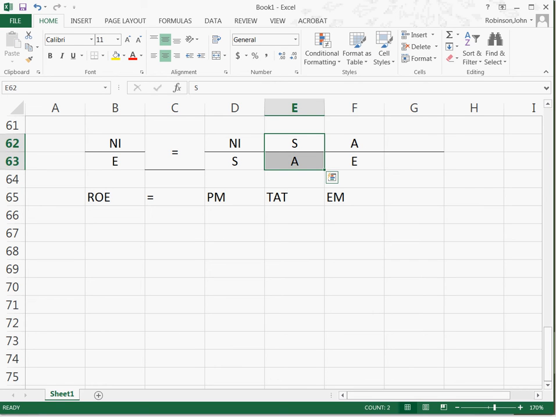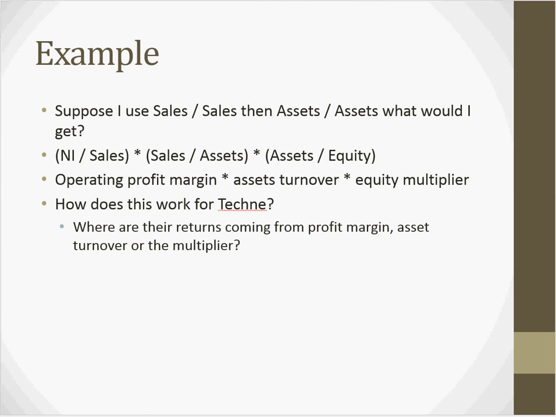And so we can do this for each of these. And so, we know for Techni, we had a profit margin of, it was 38%, something like that, right? And then total asset turnover was something like 46%, and the equity multiplier is just going to be 100% because they don't have any debt.